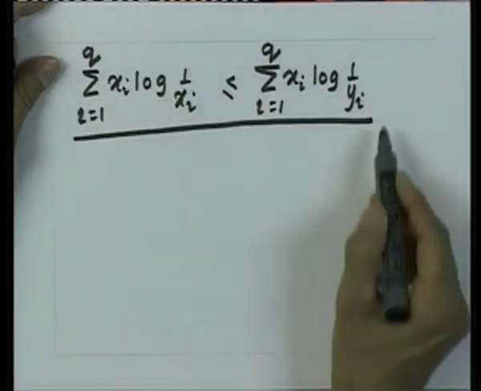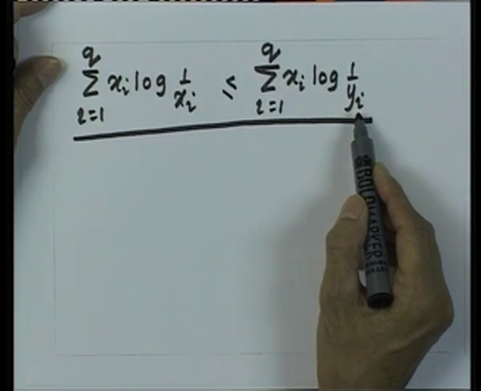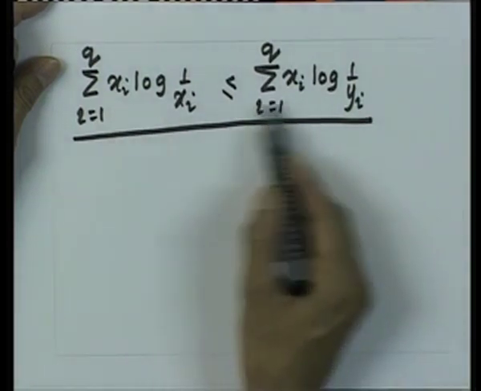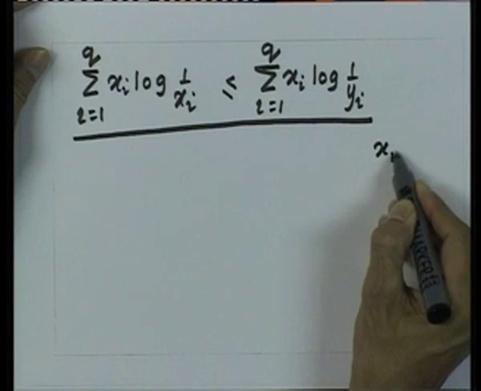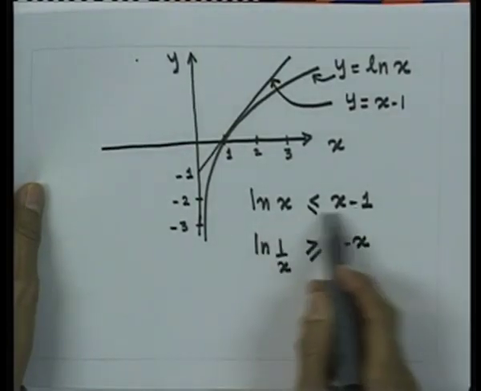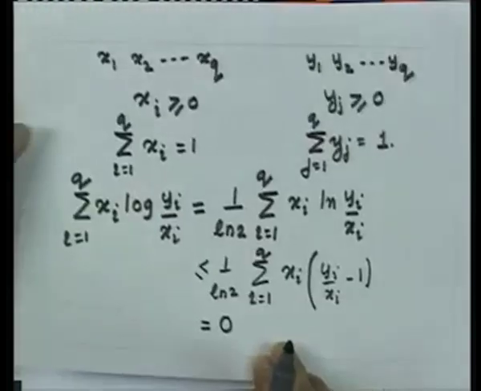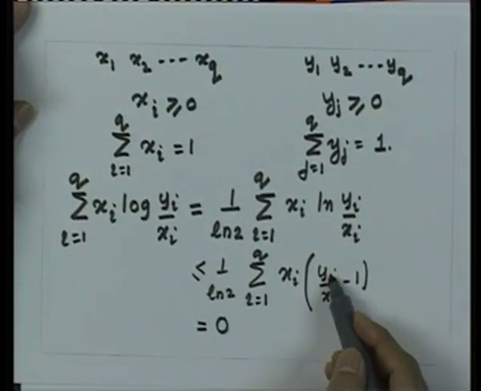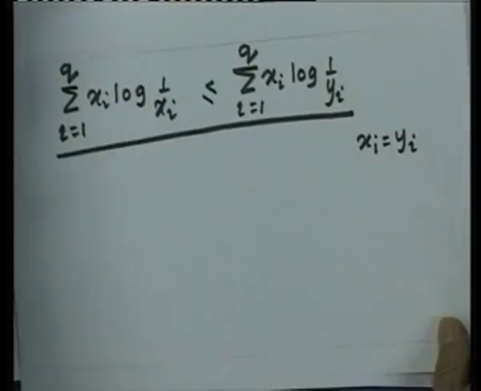It is a very important relationship which we get when xi and yi are two sets of probabilities. This inequality will be equal only if xi is equal to yi, because we have seen that the two expressions are equal only for x is equal to 1. So, if you want equality here, I should get yi is equal to xi.